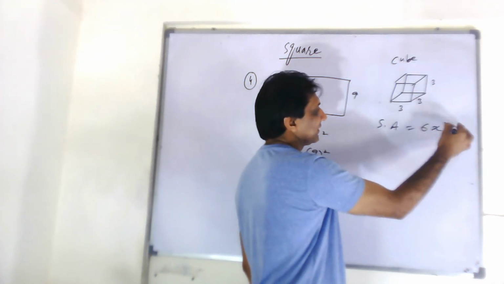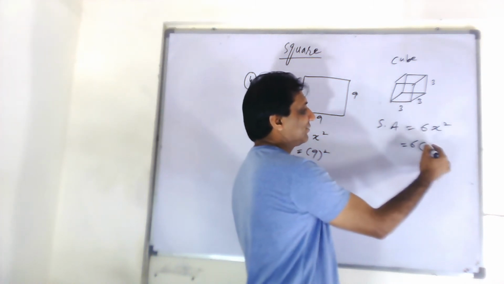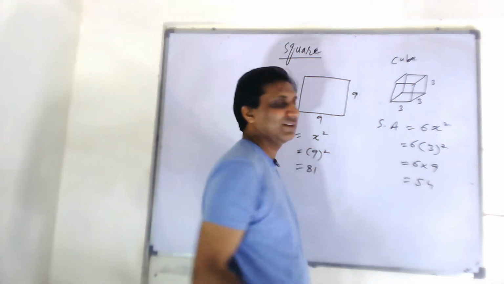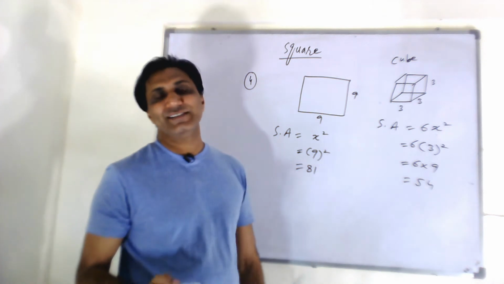So 6x square is 6 times 3 square, that is 54. The surface area of the cube is 54 and the surface area of the square is 81.